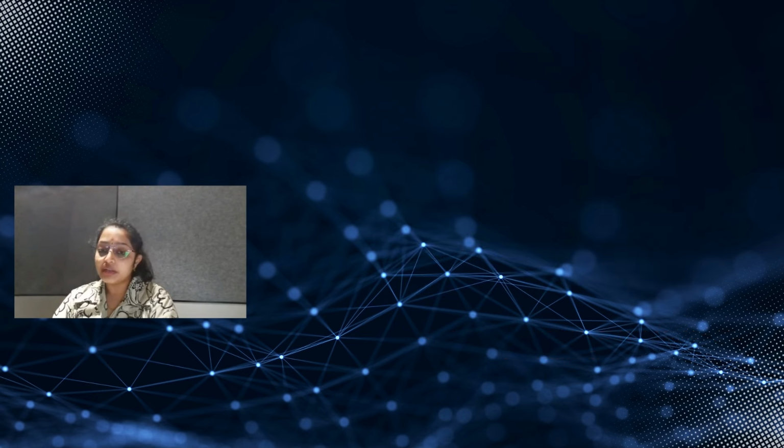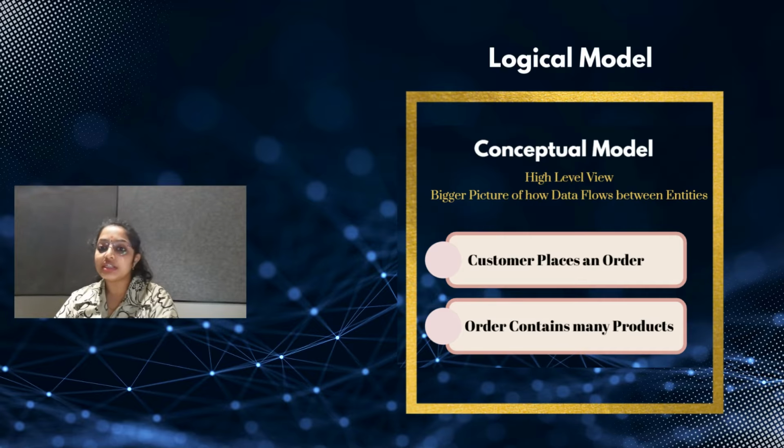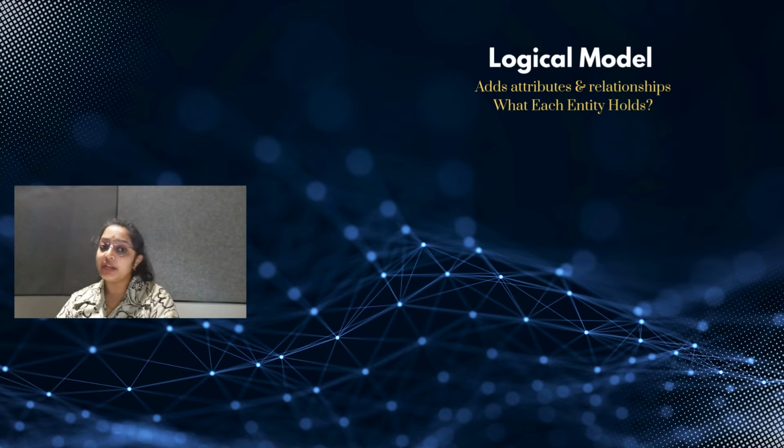The next thing is the logical model. In the conceptual model, we just learned that if we have three tables, how they are related to each other. For example, customer, product, and order. A customer can place an order, and an order can have a product. So this is how we got to know how they are related. But let's dig more into that, so that we can add more details to each entity, like what it holds.